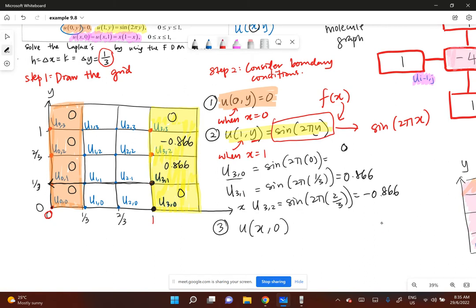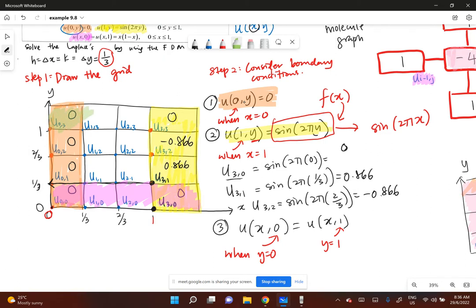This actually means that when y is 0, that is this boundary. Maybe I will break it down here. It is equal to u(x,1), that means y is equal to 1, which is here.